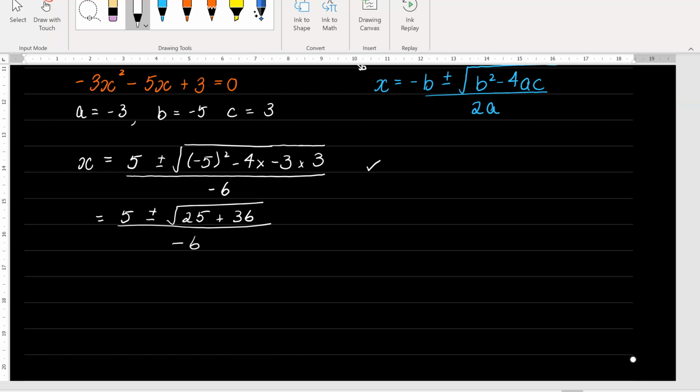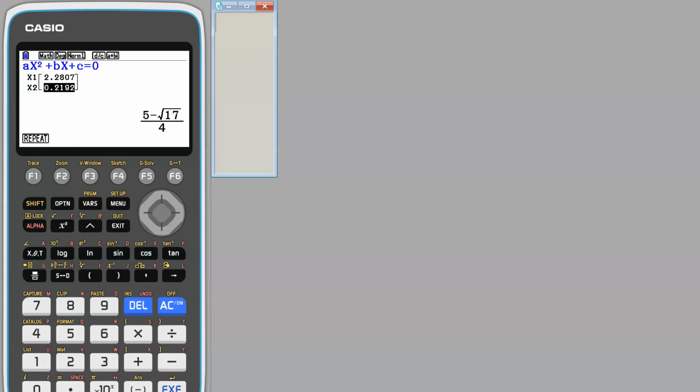All over -6. This equals 5 plus or minus, 25 and 36 is 61, all over -6. You can check with your calculator. Can you simplify root 61?